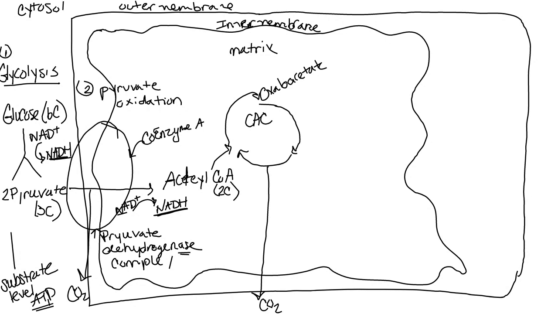Once it joins in with oxaloacetate, it's just going to cyclically change forms until it's broken down. And we're going to take NAD plus, and we're going to reduce the energy into it from that broken apart acetyl-CoA, and we're going to take our new little guy, FAD, and we're going to reduce it into FADH2.